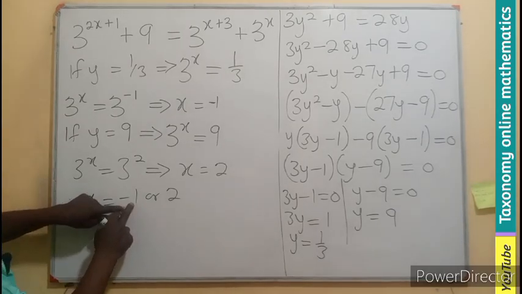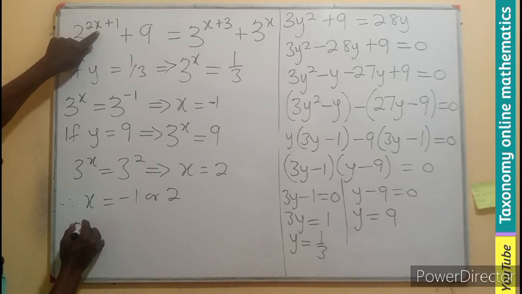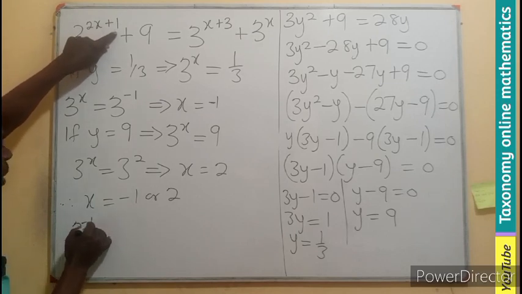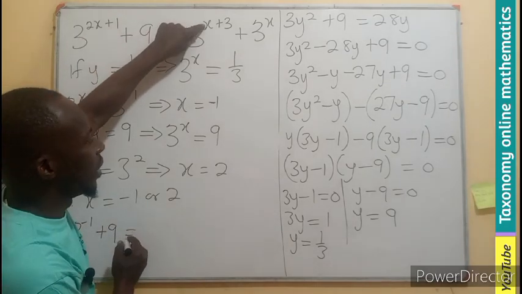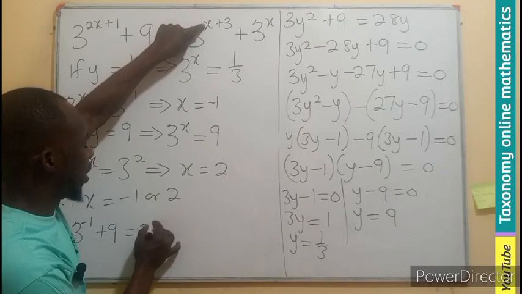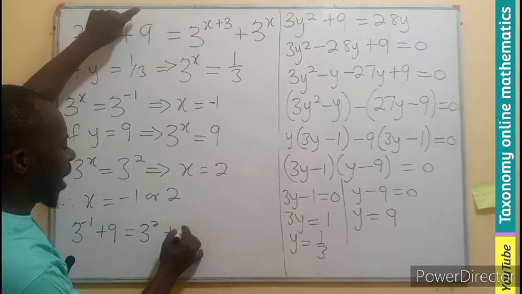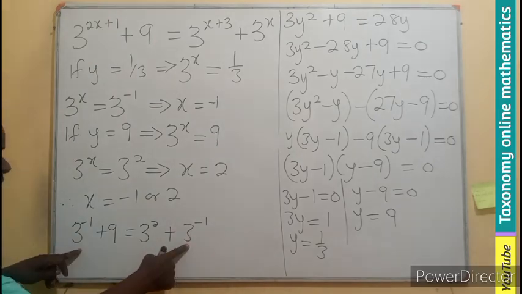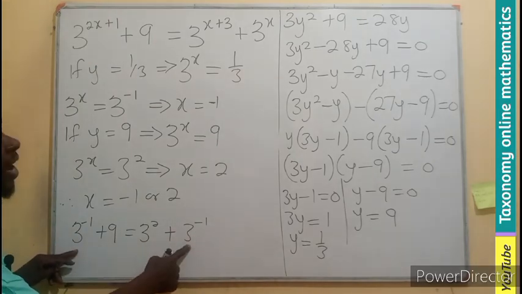You know, if you substitute minus 1 here, it gives you 3 exponent minus 1 times this, minus 2, plus this, minus 1, plus 9 equals to minus 1 here, give you 3 exponent 2, that is minus 1 plus 3. Then plus 3 exponent minus 1. You know this is the same as this, 9. So the left equals to the right.